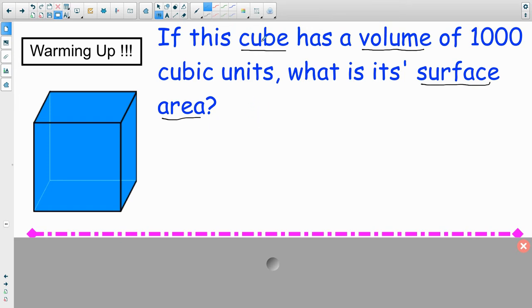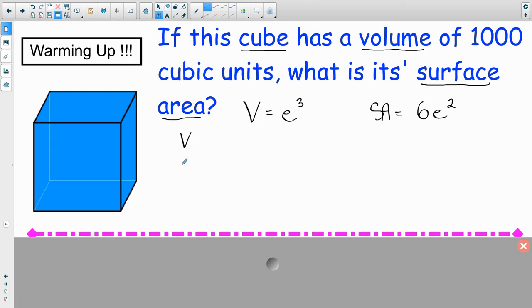If we're talking about the volume of a cube, that's going to be equal to the edge to the third power. But if we're also talking about the surface area of a cube, that's going to be 6e squared.